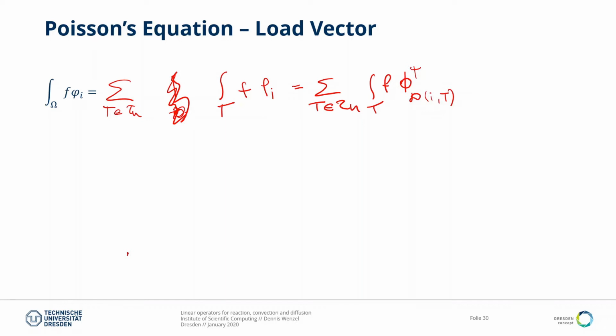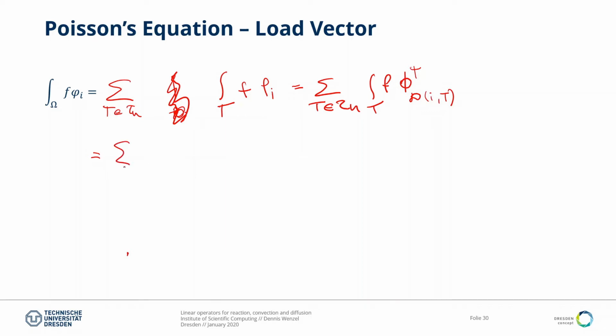And yeah, so now we have localized those basis functions, and the next step is to include the definition of this basis function. So this basis function was defined using transformation.